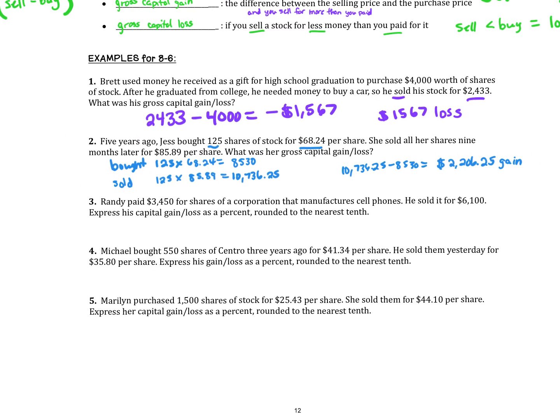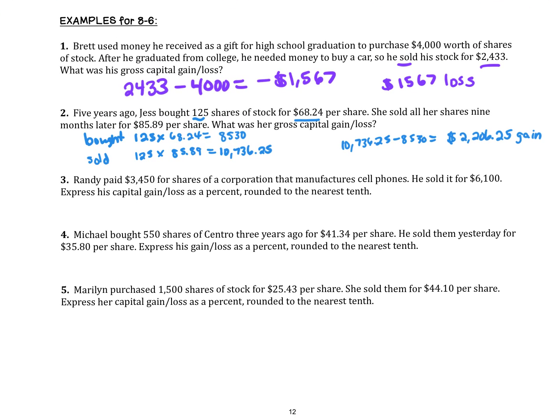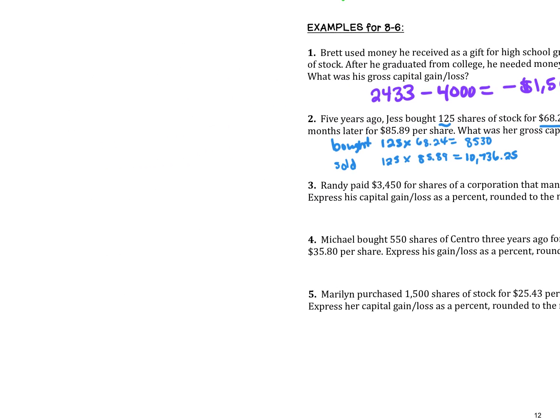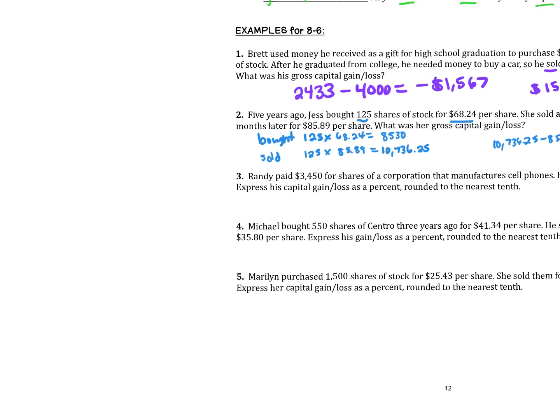Okay, what's another way we could have done that mathematically? Subtracting the 68.24 from the 85.89. Yep. And multiplying all that by the 125. There you go. So think about what makes the most sense to you, which way you think through this one, right?